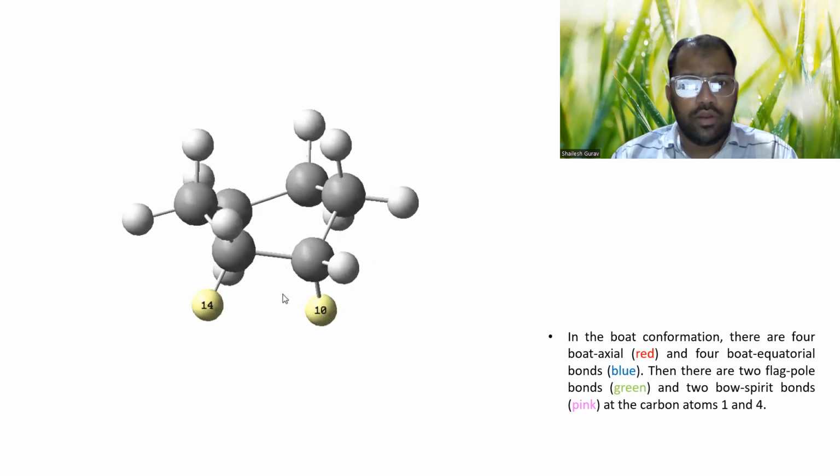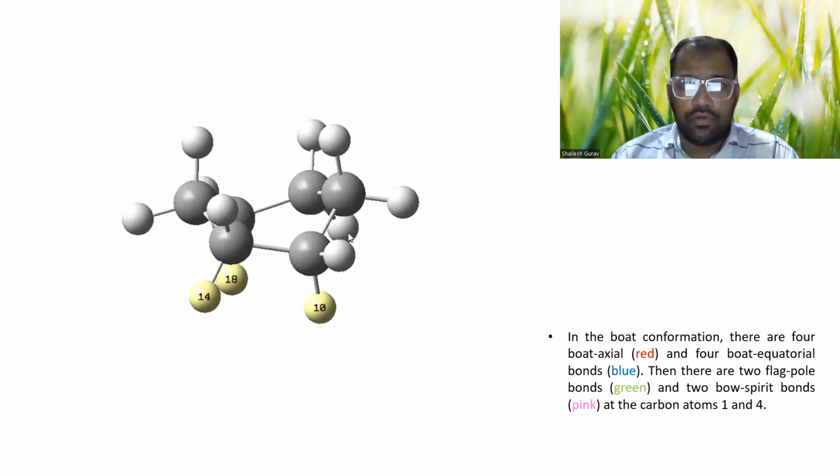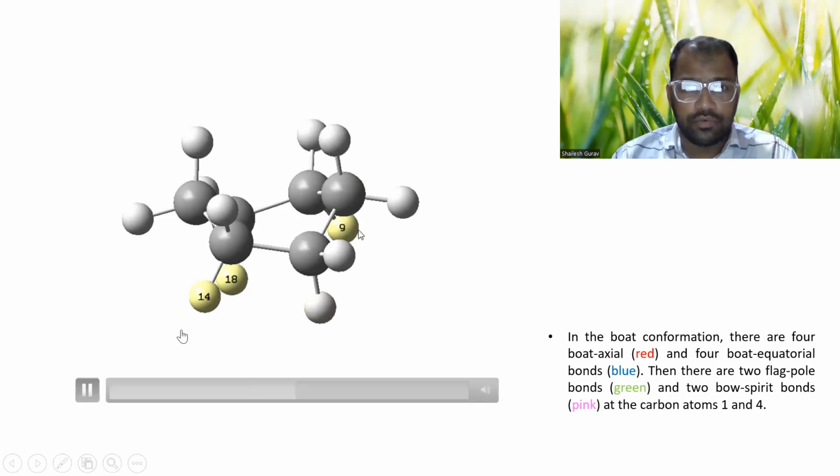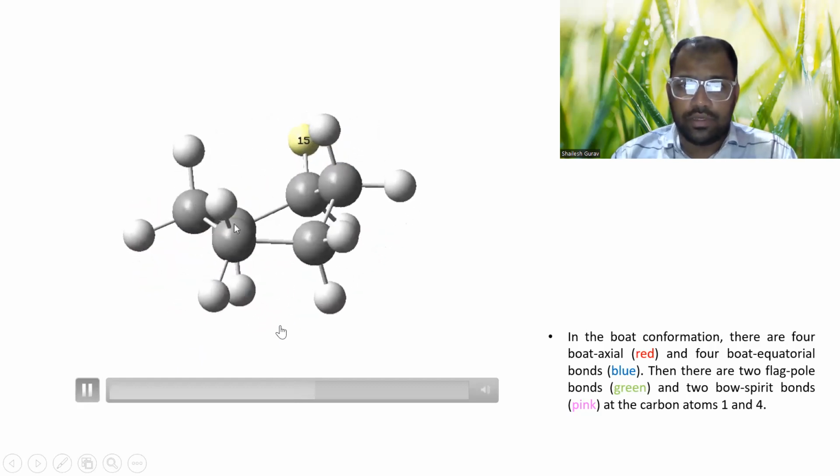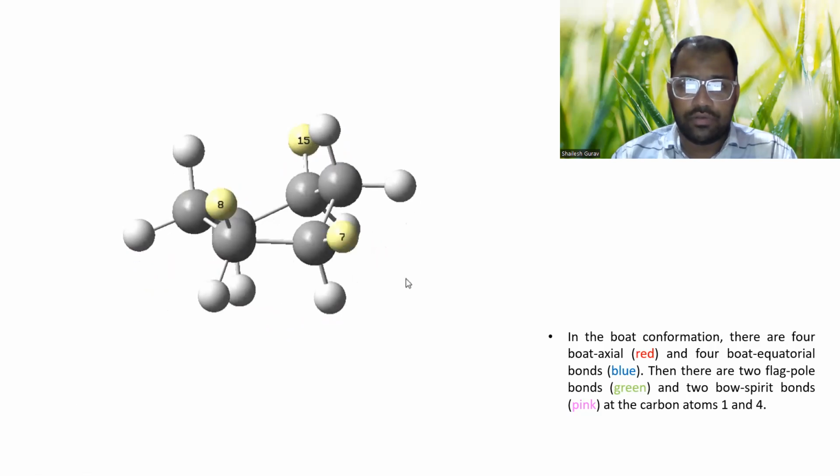There are a total of four axial, two on the front side and two on the back side. These are the highlighted ones. These are boat axial, not exactly axial. Then when you talk about the equatorial ones, again there are four equatorial. I'm rotating this molecule so you will get a clear idea.